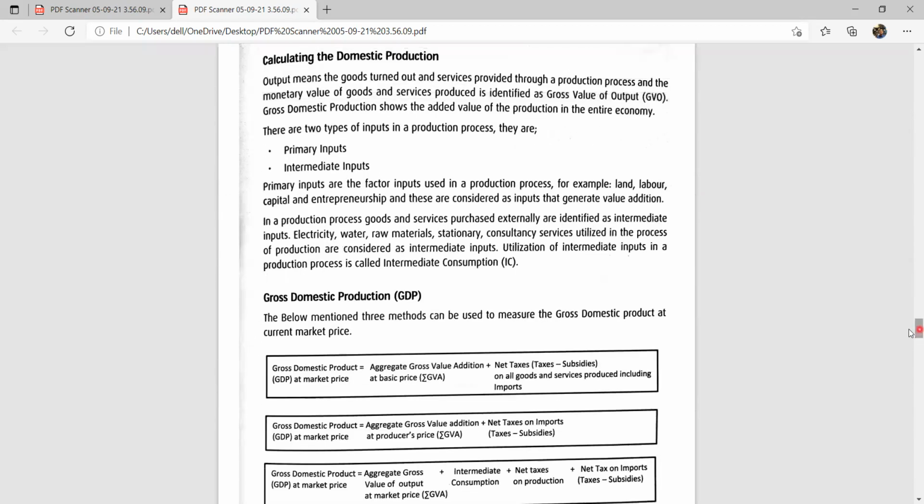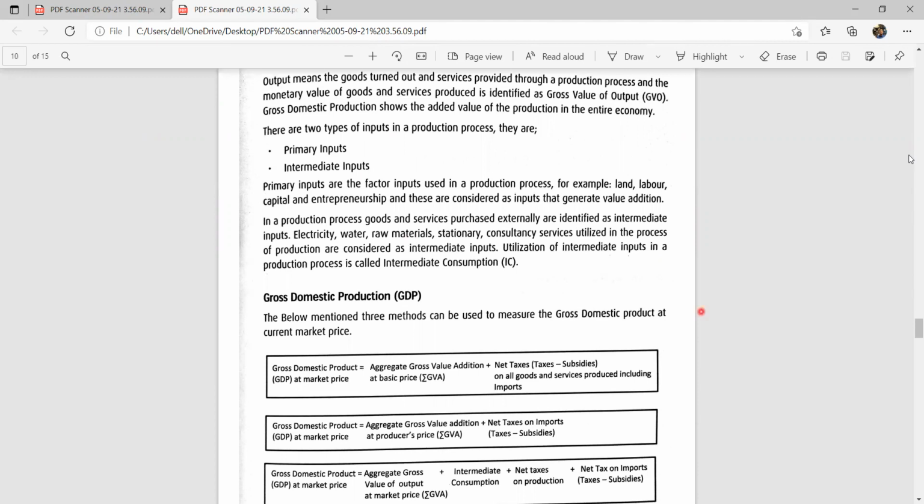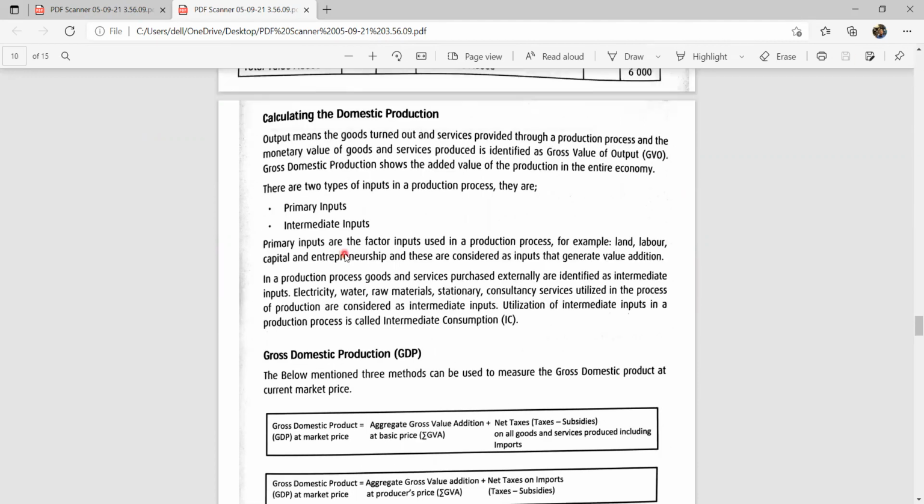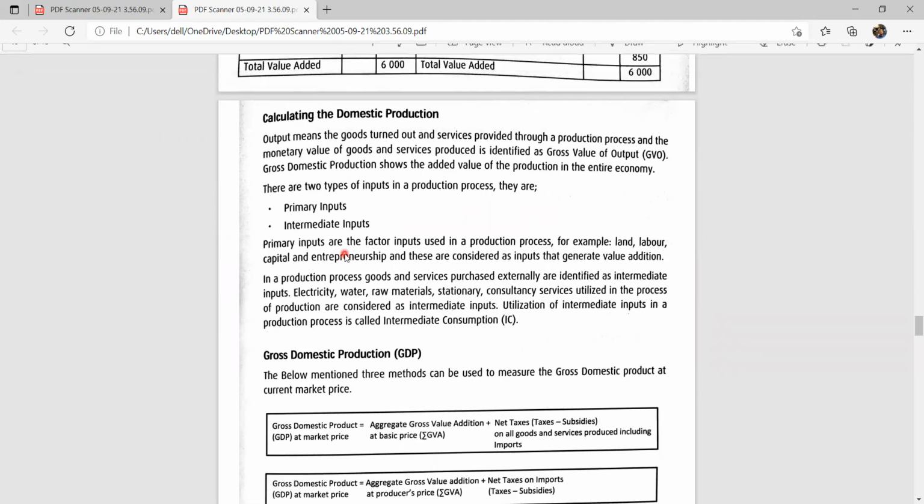Next, calculating gross domestic product. So gross domestic product should be calculated by considering the value. Here, I told you that total intermediate production should be subtracted from the total value of production.